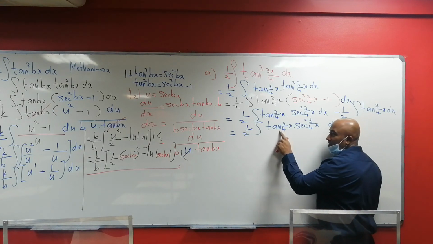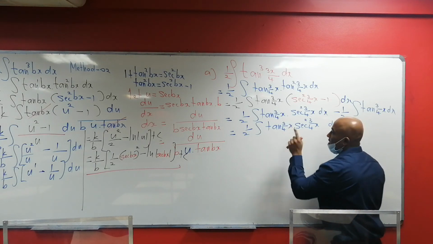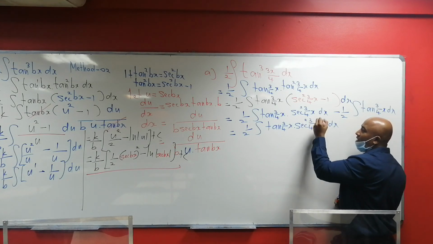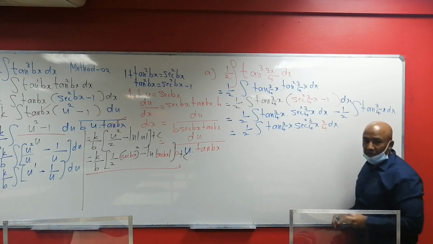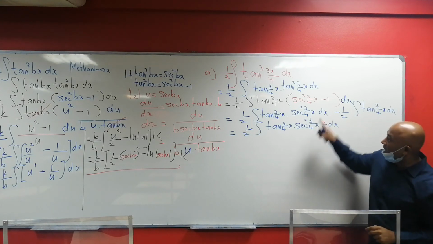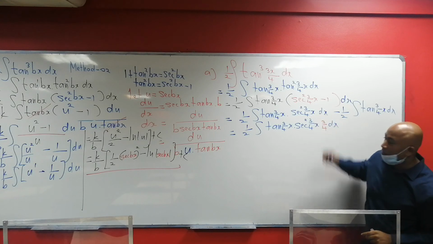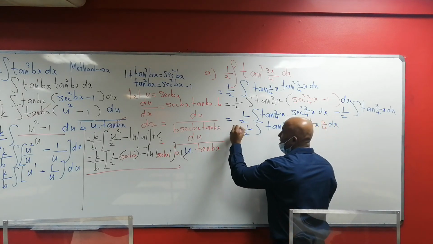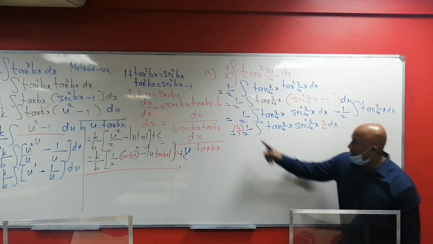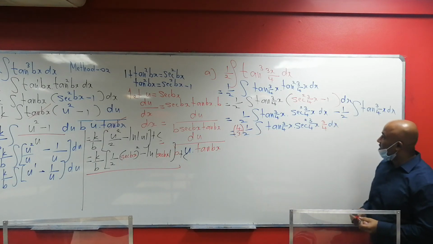So the exact derivative of tan 3 over 4x is going to be sec squared 3 over 4x multiplied by 3 over 4. That's the only thing that's missing. So if I put 3 over 4, I need to cancel 3 over 4 because there was no 3 over 4. And the only way to cancel it is to multiply by 4 over 3. Because 4 and 4 cancel, 3 and 3 cancel.